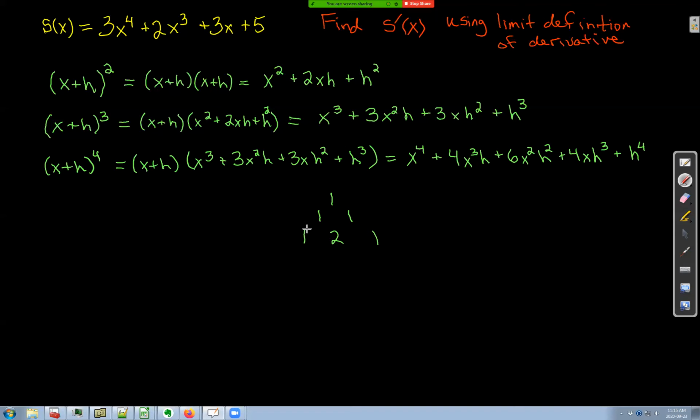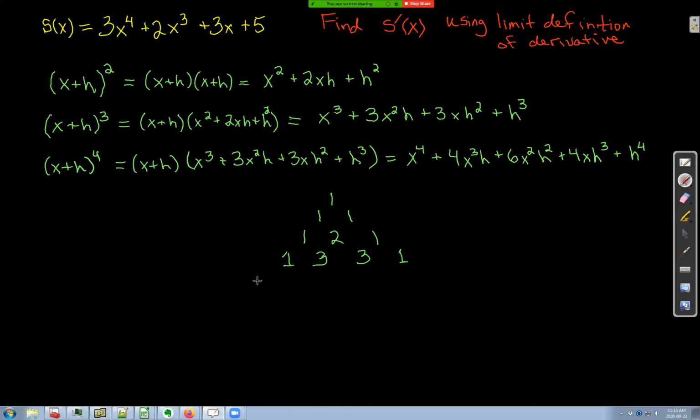So there's nothing here, so nothing plus 1 makes 1, and nothing plus 1 makes 1, and 1 plus 1 makes 2. Then I can make another row: 1 plus 2 makes 3, 2 plus 1 makes 3, 1 plus nothing makes 1, and 1 plus nothing makes 1.